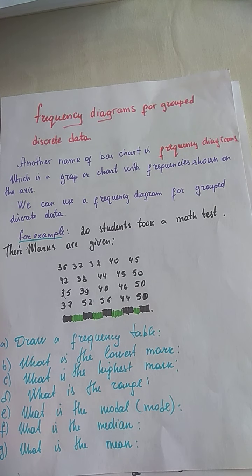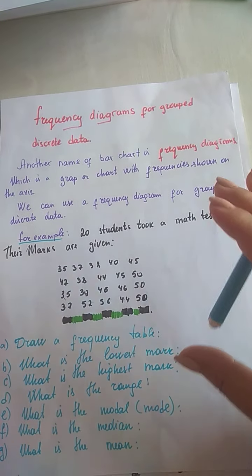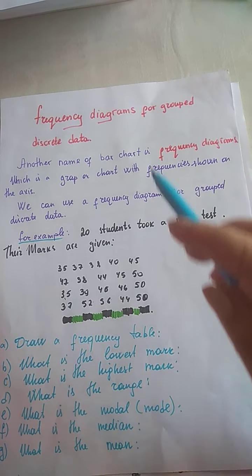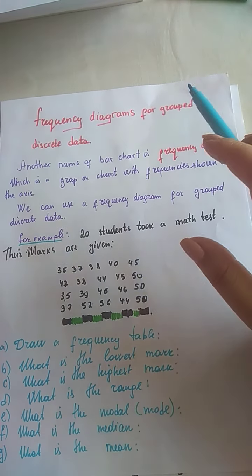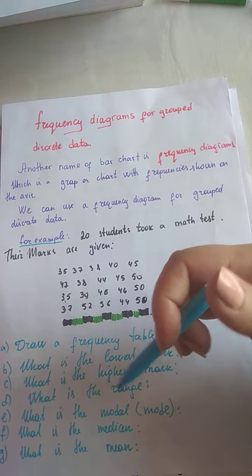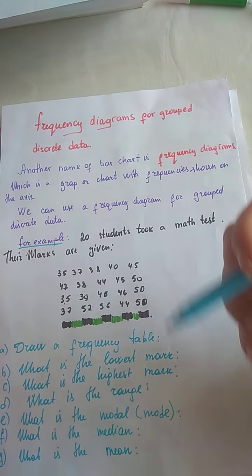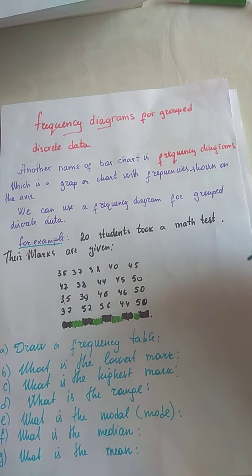So how can we show our information on the bar chart? They are the same thing as the frequency diagrams, which is a chart with frequencies shown on the axis. For example, the vertical axis always shows us the frequencies, and the other axis shows us the discrete data information.